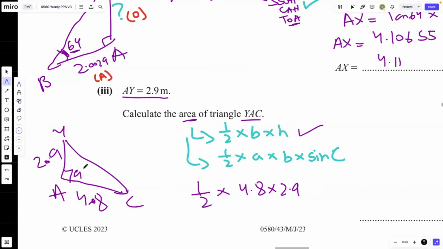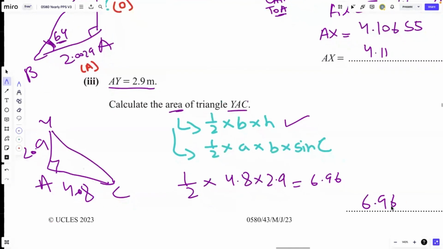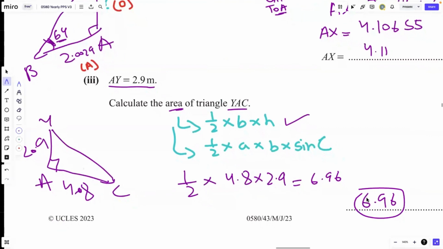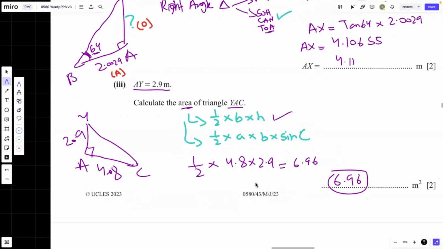So would have gotten the same answer either way. So half into 4.8 times 2.9, that's going to be straightforward 6.96 exactly. Meter square.